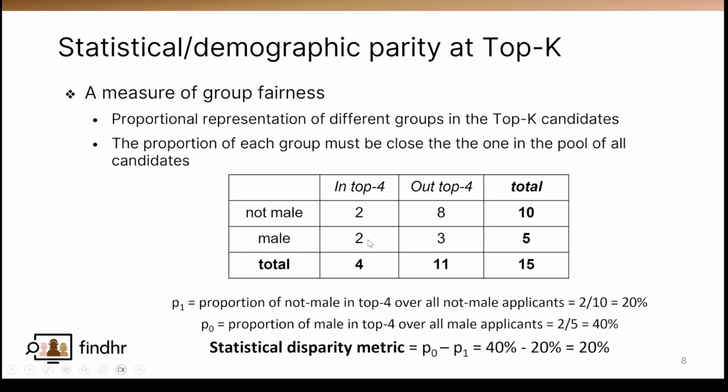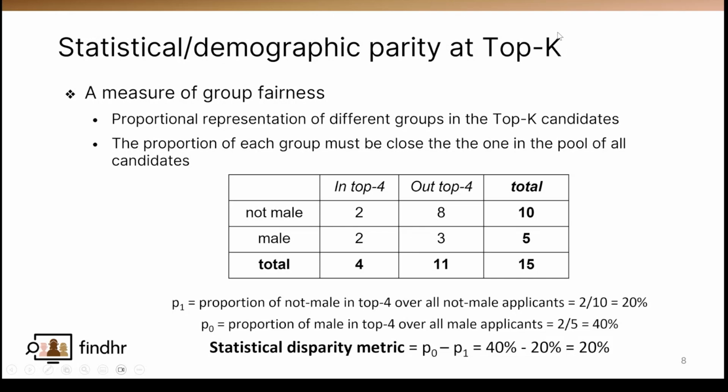If we look instead at the percentage of male admitted, it is 2 out of 5, 40%. So proportionally, only 20% of the not male were admitted, and 40% of the male. So the statistical disparity metric is the difference between the fraction of male admitted minus the fraction of female admitted. So in this case, male were admitted 20% more than female.